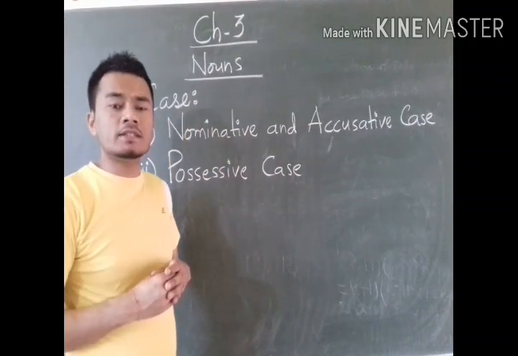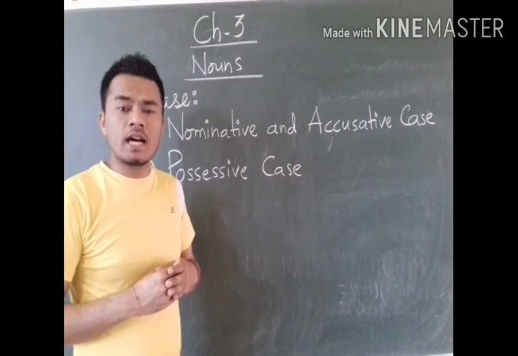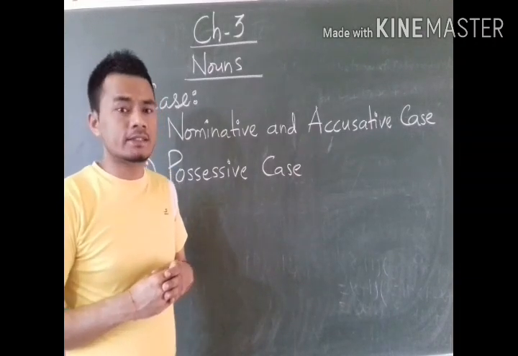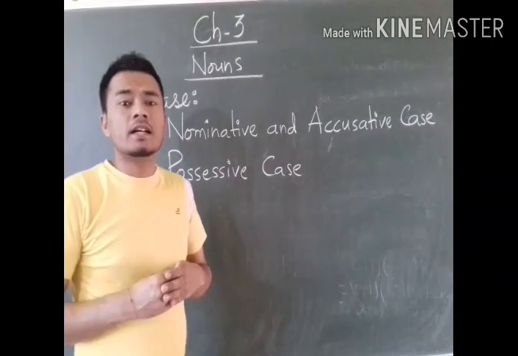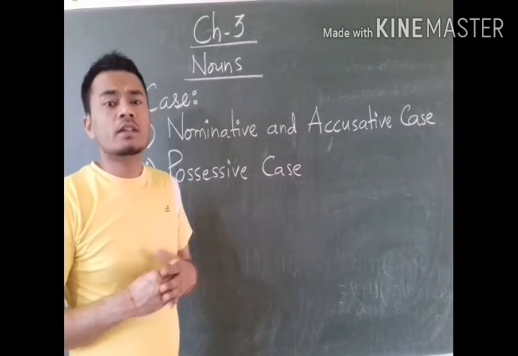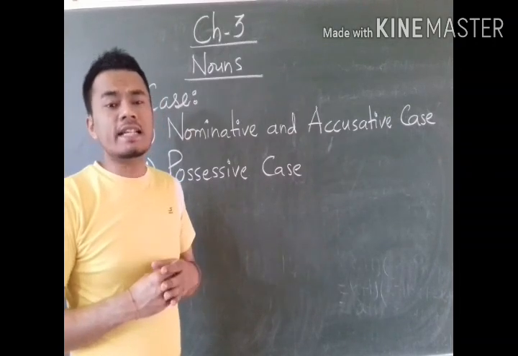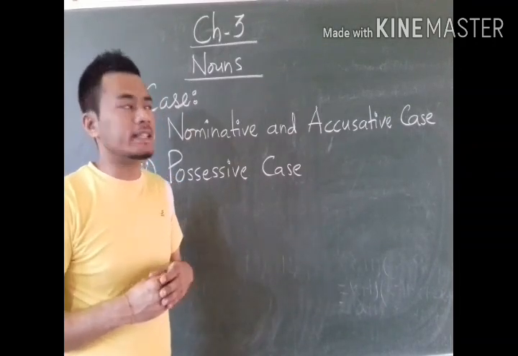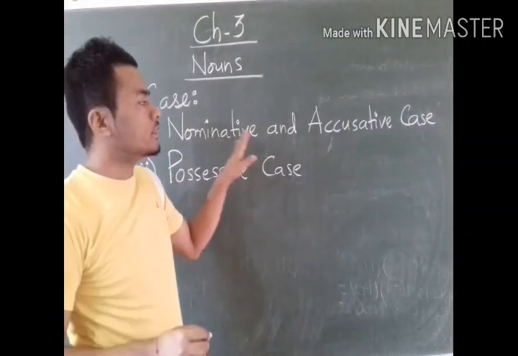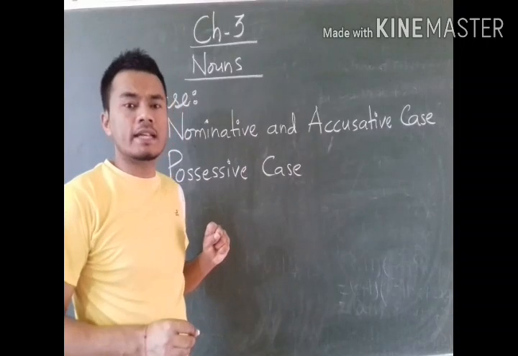Case of nouns means how nouns are used whenever they are used in sentences. So there are mainly 3 cases of noun. Nouns are used in 3 cases whenever they are used in sentences. In number 1 we have nominative and accusative case.